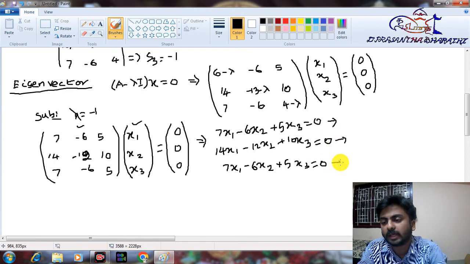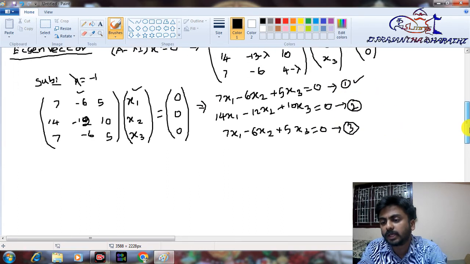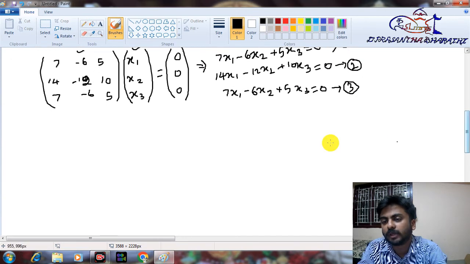So here from these three equations, we can identify that these three equations are equal to one single equation, because these three equations are very identical. So we can consider only the first equation, so we get 7x1 minus 6x2 plus 5x3 equal to 0.